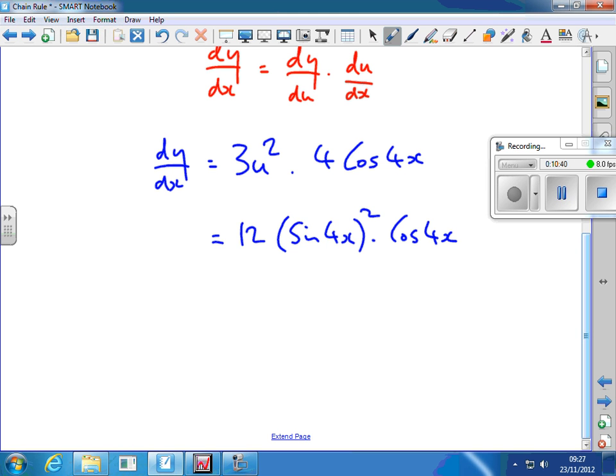So multiplying numbers together, u is that. And remembering the convention, we finally write 12 times the sine squared 4x times the cosine of 4x. So a surprising answer. When we differentiate, we end up with actually a sine and a cosine in the answer.